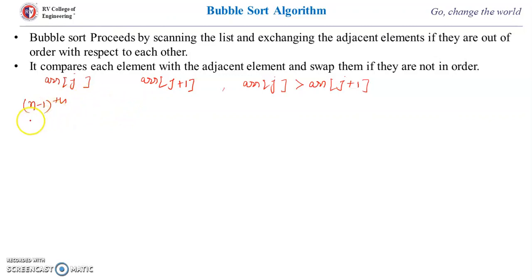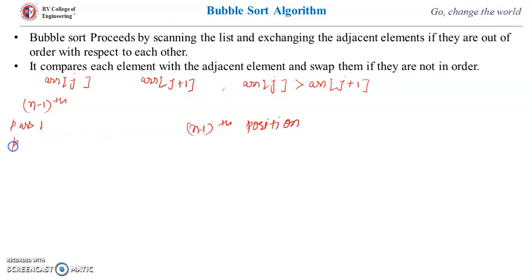For example, after the first pass, pass 1, what happens? The largest element will be at its proper position in the array, that is the n-1th position.